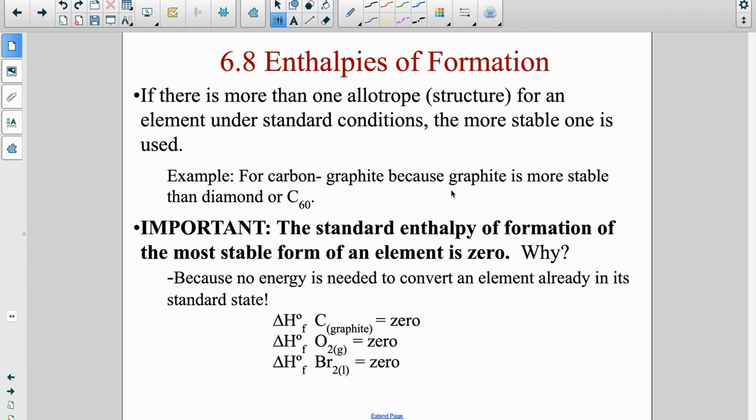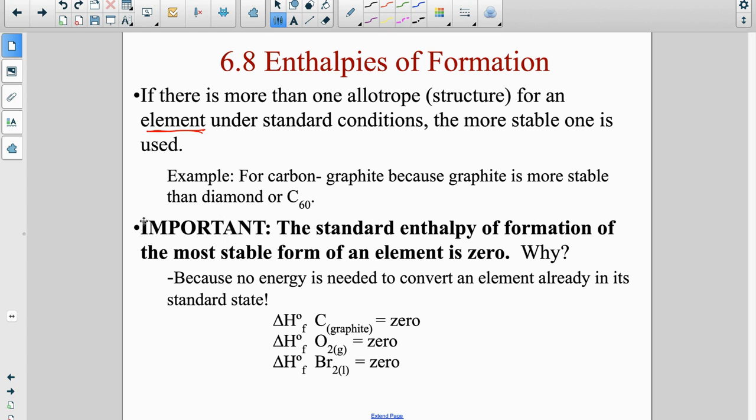So if there's more than one structure for an element under standard conditions, we use the most stable one. So for carbon, we use graphite because graphite is the most stable form of carbon at standard conditions.